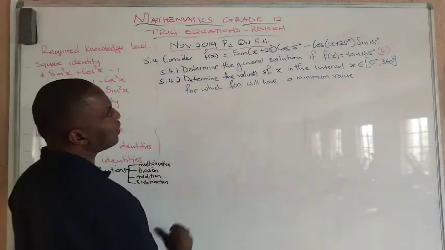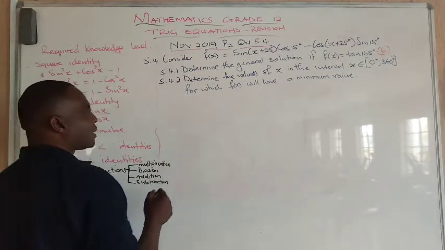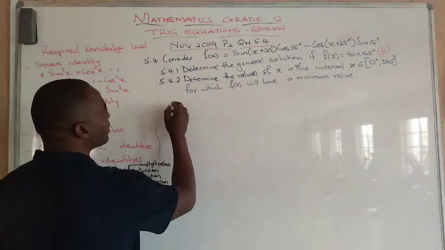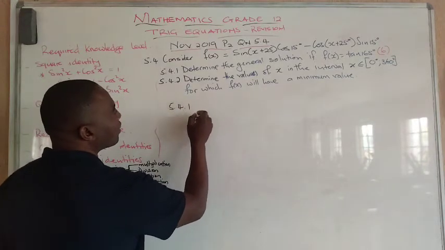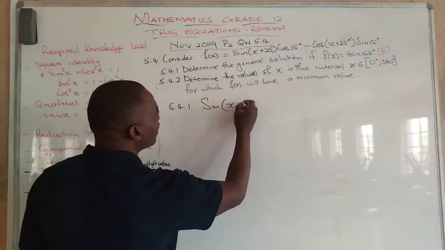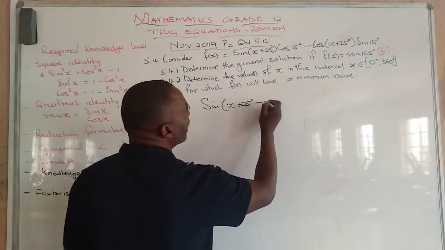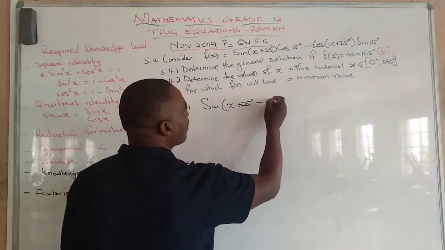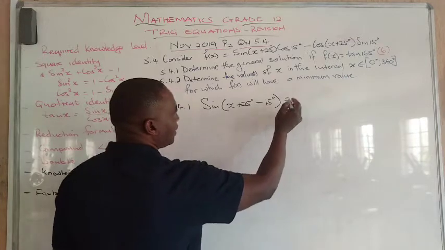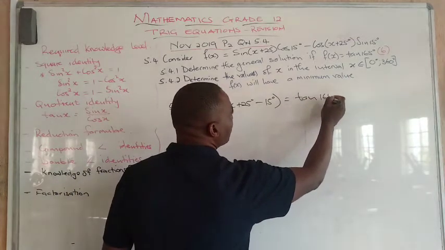That means what is on the right hand side, we can write it as sine(x + 25 degrees minus 15 degrees), and this is said to be equal to tan 165 degrees.